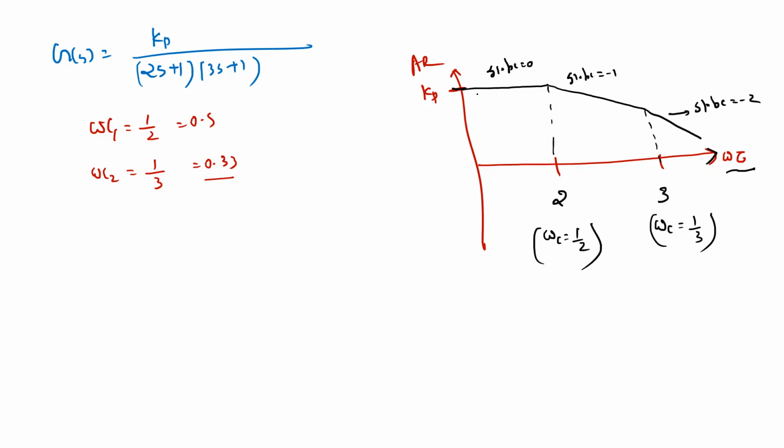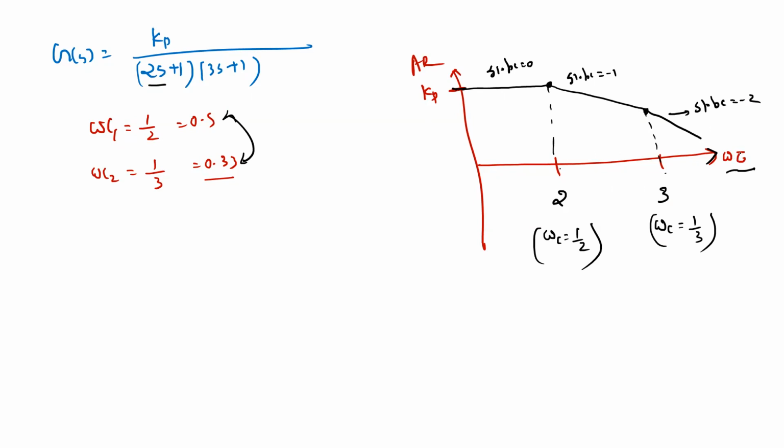So you have to do this kind of thing. You have to make the Bode plot in this way. First, up to your omega tau equal to 2, which is less, the slope will be 0. From 2 to 3, you see there are two crossover frequencies, omega tau 2 and omega tau 3. So in between, the slope will be -1. And finally, since this is second order process, the slope will be -2.